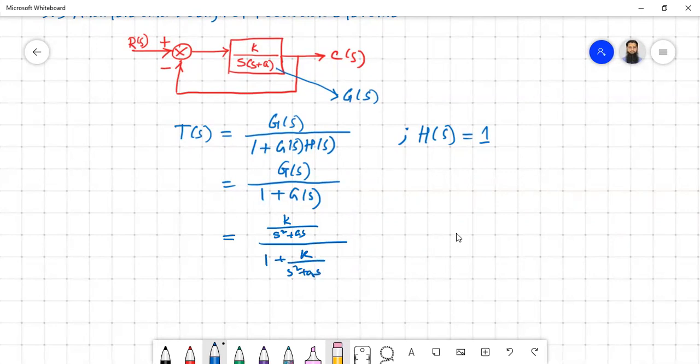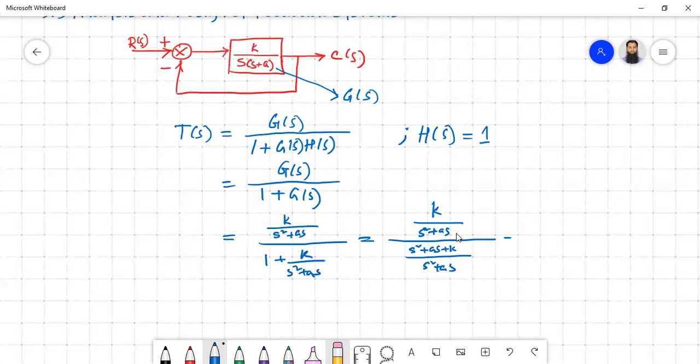If we simplify the denominator a bit, keeping the numerator as it is, the denominator becomes S squared plus AS plus K over S squared plus AS.